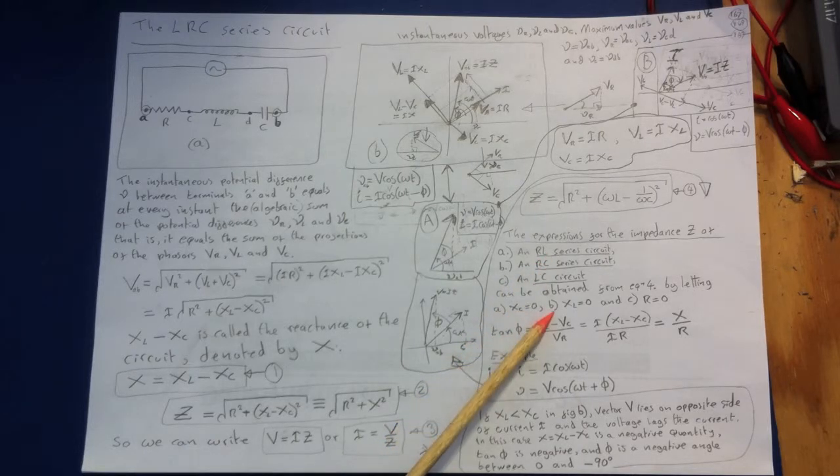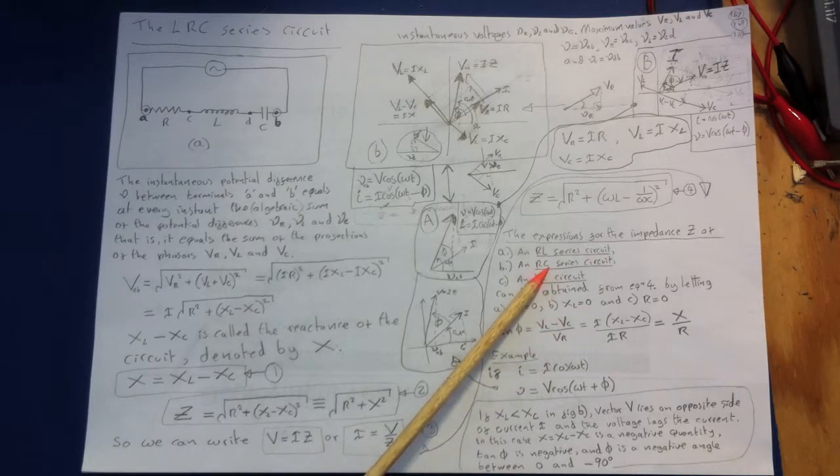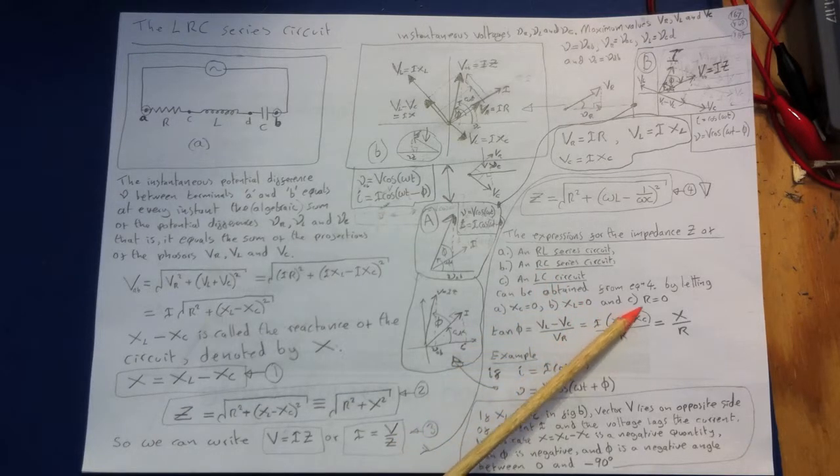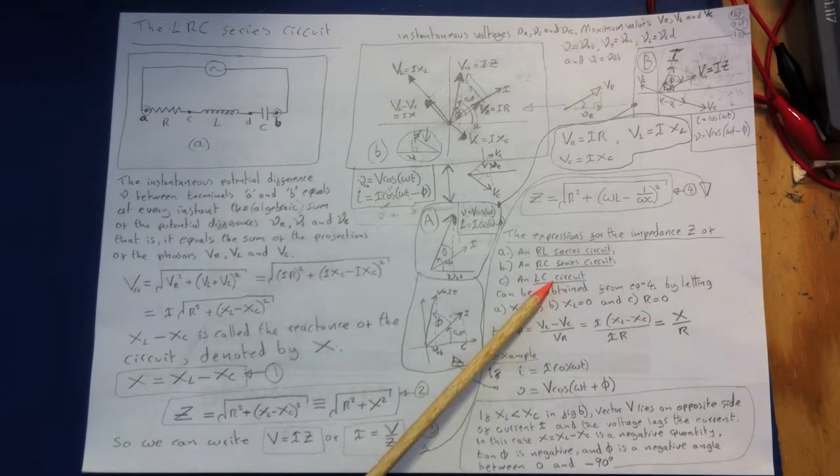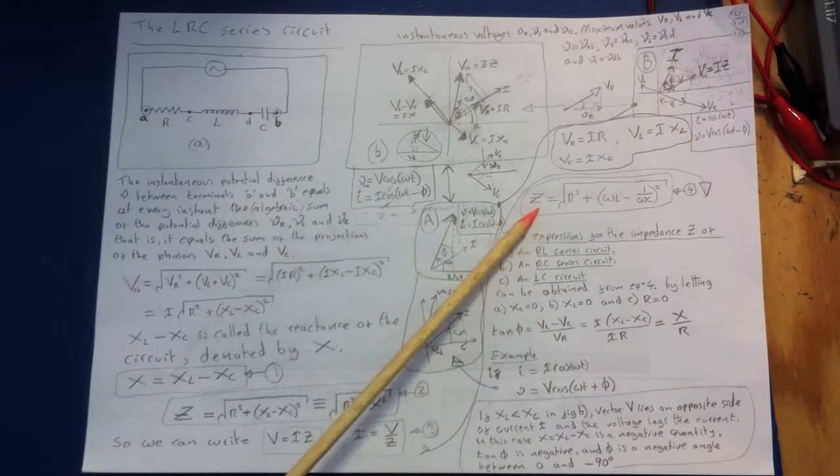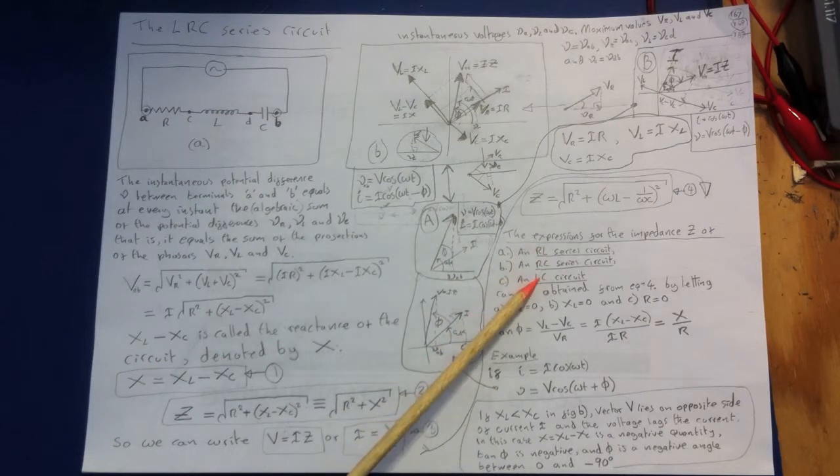When we let, for B, XL equal 0, then we're going to get an RC series circuit. And finally for C, if we let R equal 0, we get an LC circuit. So this is quite general for all those different types of circuits, RL, RC and LC. So that's good, because we've only got to remember this one equation.